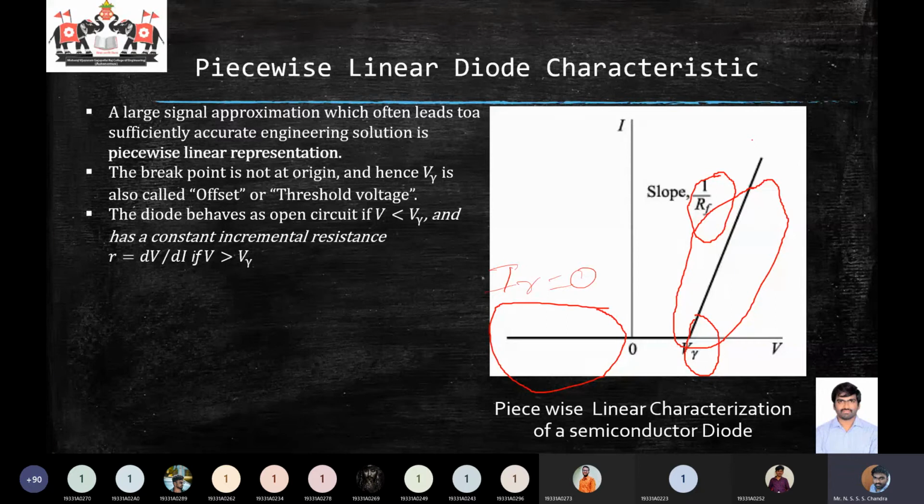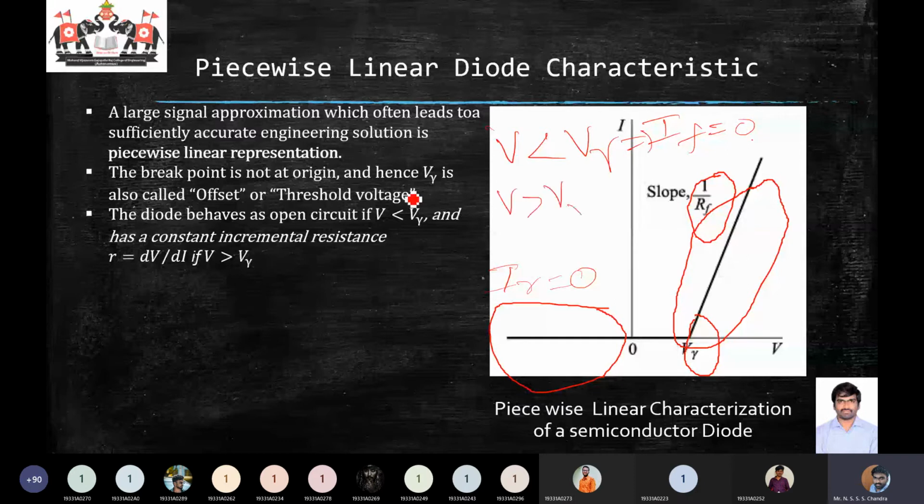And then in forward bias, for V less than V cut-in, your current IF is equal to 0. If V is greater than V gamma, then IF is a linearly varying graph. Okay, so this is how we are approximating the diode characteristics.